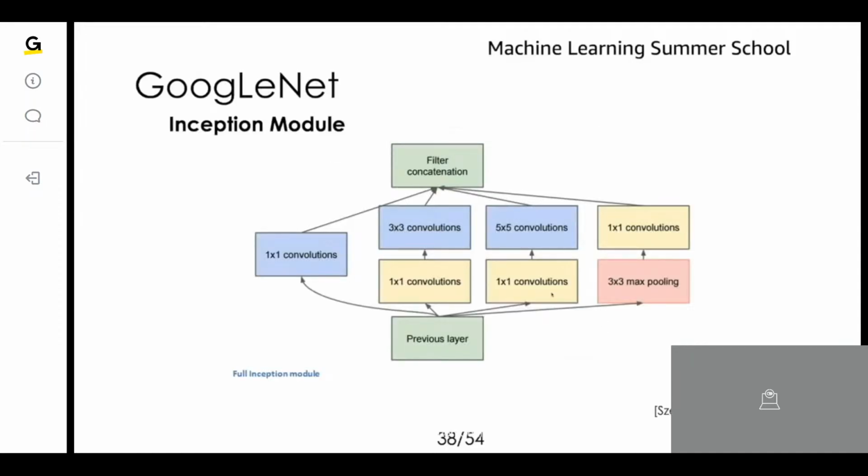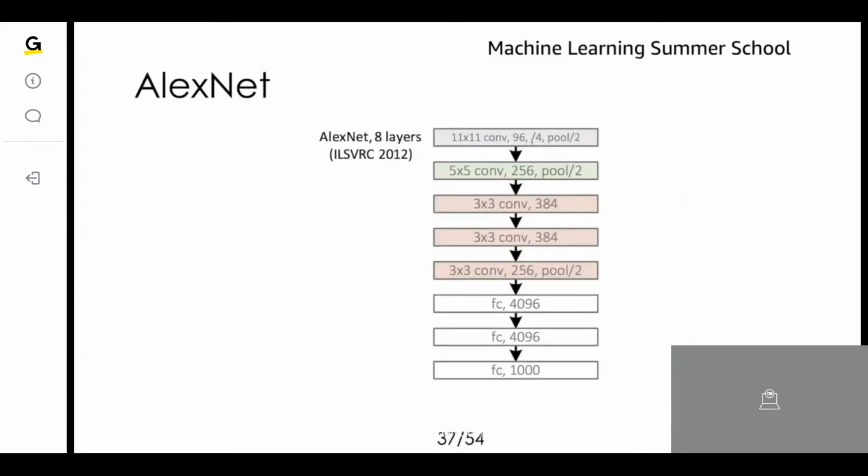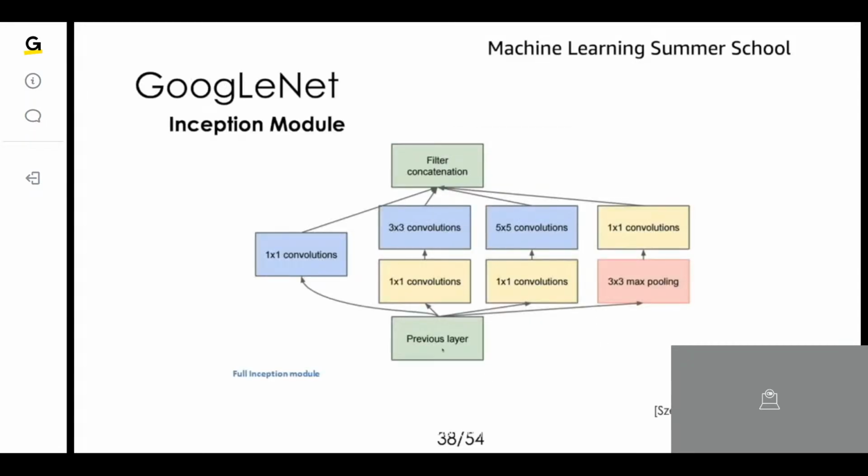And this is GoogleNet. In GoogleNet, a new module is introduced called the inception module. Instead of extracting features at a single scale using a single set of filters, as in AlexNet, for example, where an 11 cross 11 filter is used and then a 5 cross 5 filter and so on, in the GoogleNet inception module you use filters of different dimensions at a time. Here you have 1 cross 1 convolution, 3 cross 3 convolution, 5 cross 5 convolution, and 3 cross 3 max pooling, all done on the same set of input.